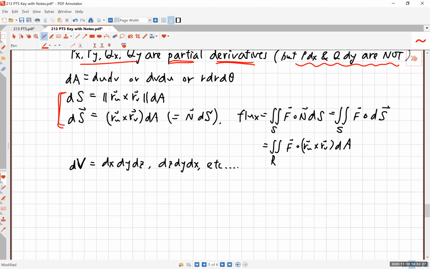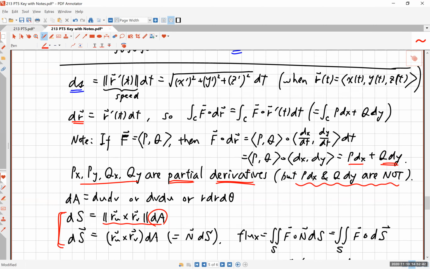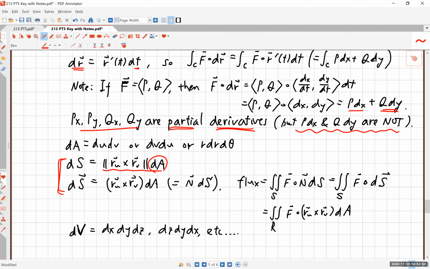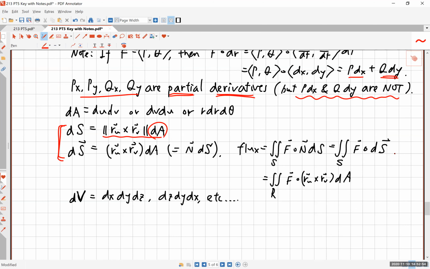So then dS changes to this, and this dA has to do with du dv, or dv du. And so the real integration actually takes place in the uv plane, just like the real integration here takes place not with respect to s, but with respect to t, because that's the parameter we use to carry out the actual evaluation of the integral.